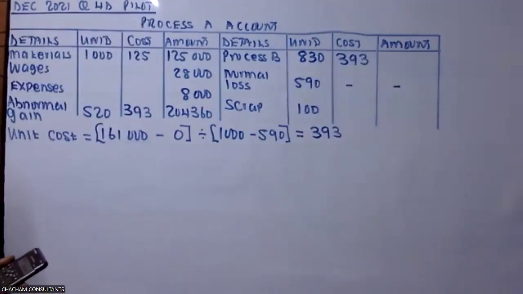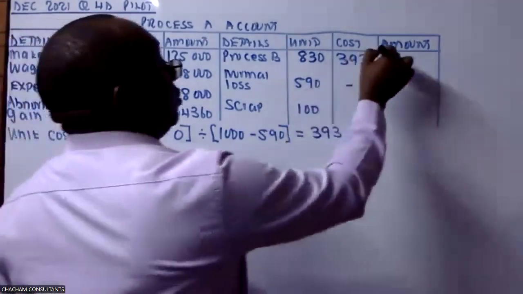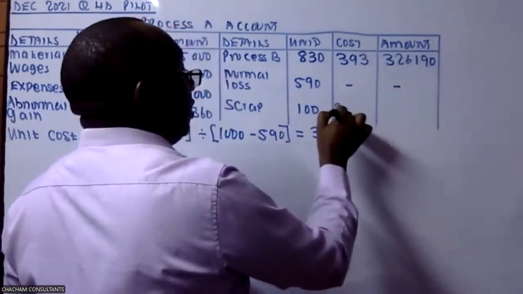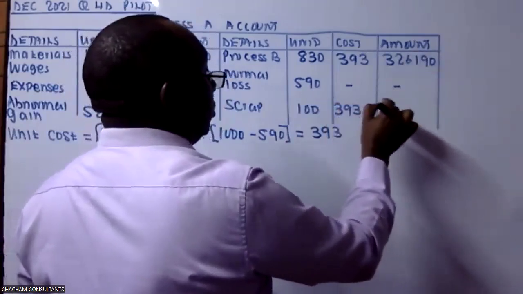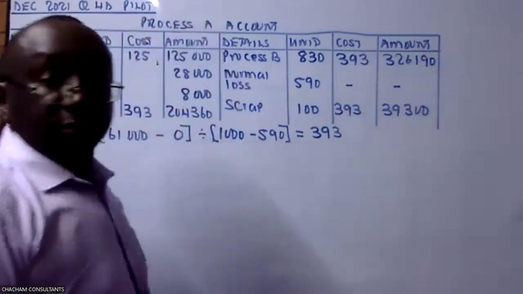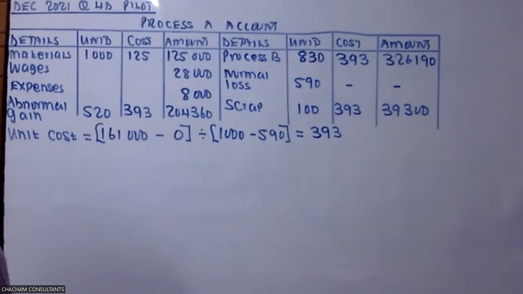So 830 times 393 is 326,190. Then here 393, so this will be 39,300. We are okay there, yes?